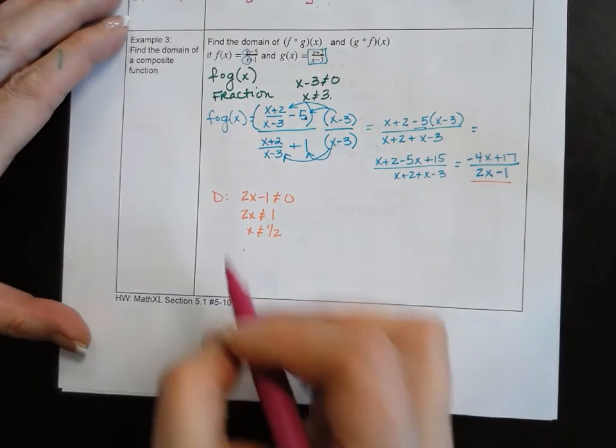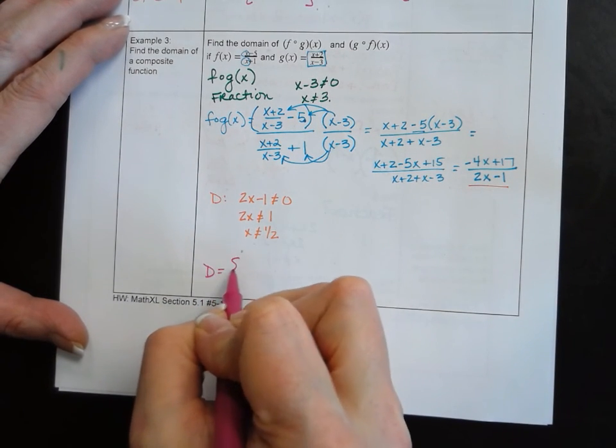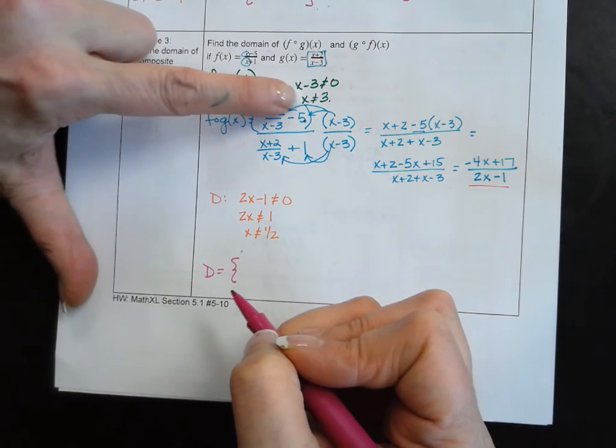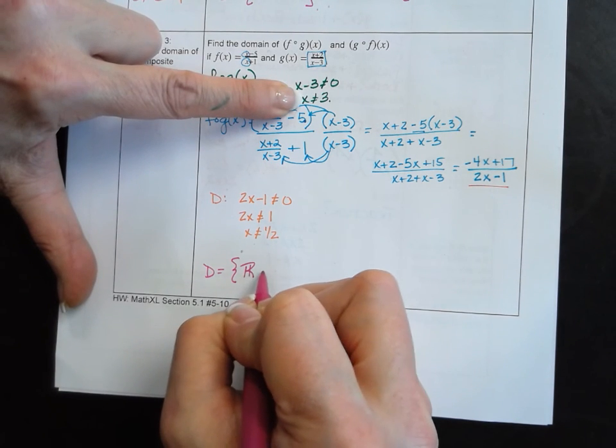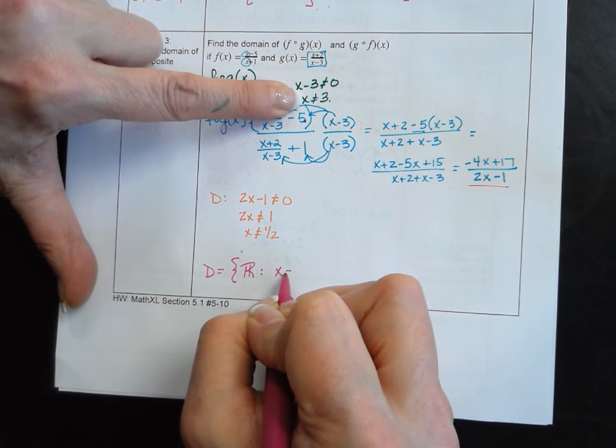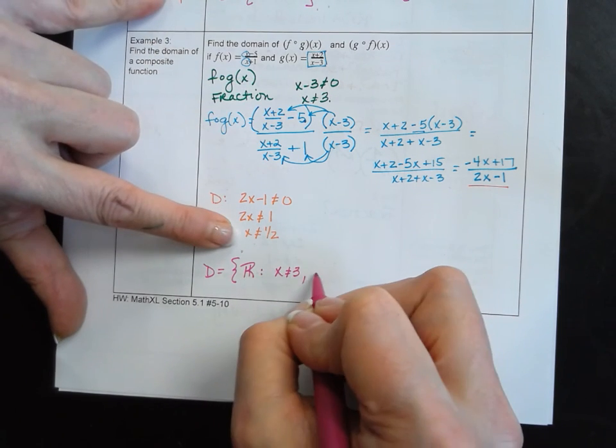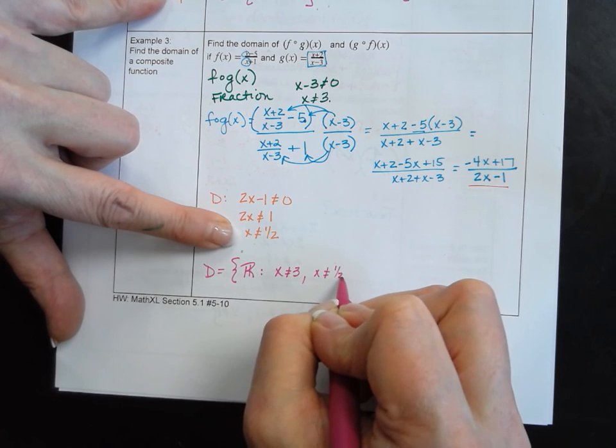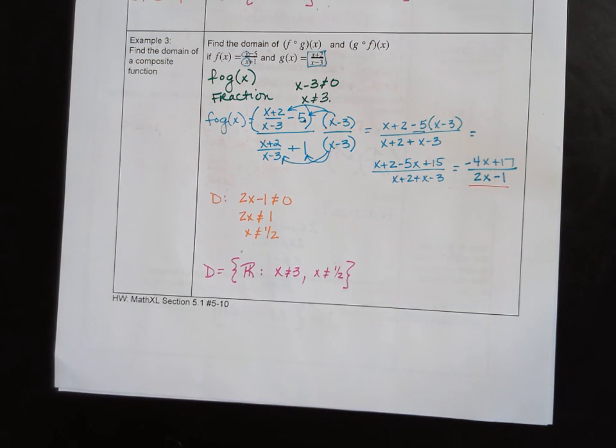All right, that makes my domain all real numbers such that x cannot be 3 and x cannot be 1/2. Feel good?